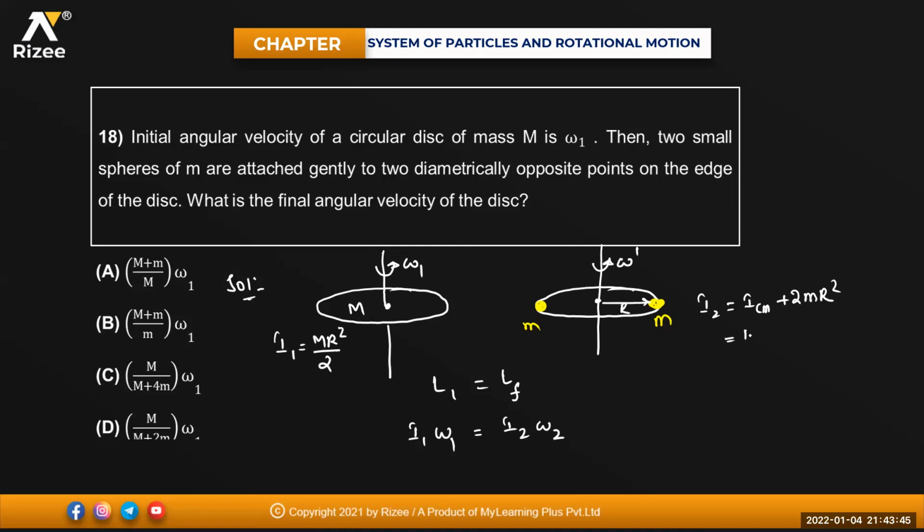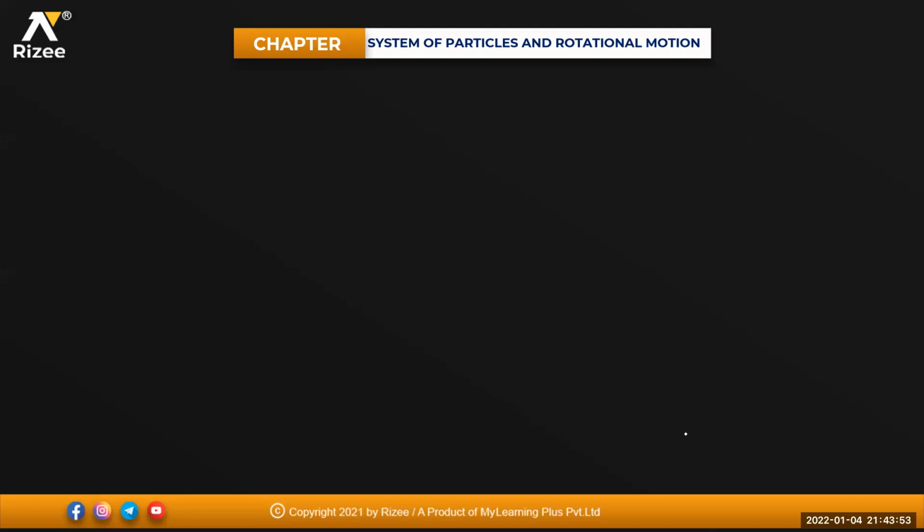So ICM will be equal to MR square divided by 2 plus 2 times small m into R square. So I1 omega 1, MR square divided by 2 into omega 1, is equal to 1 by 2 into MR square plus 2 into small m into R square into omega dash.